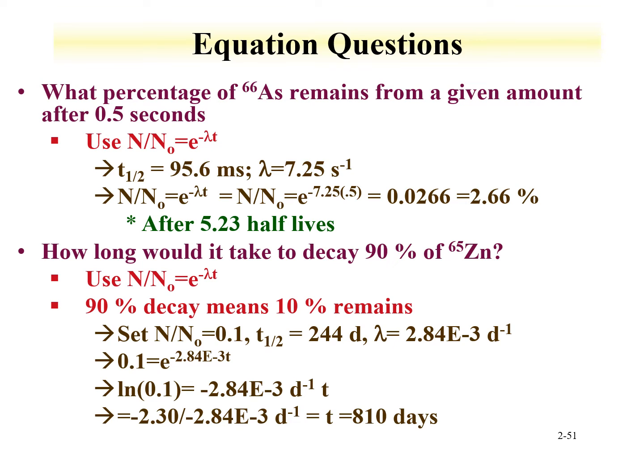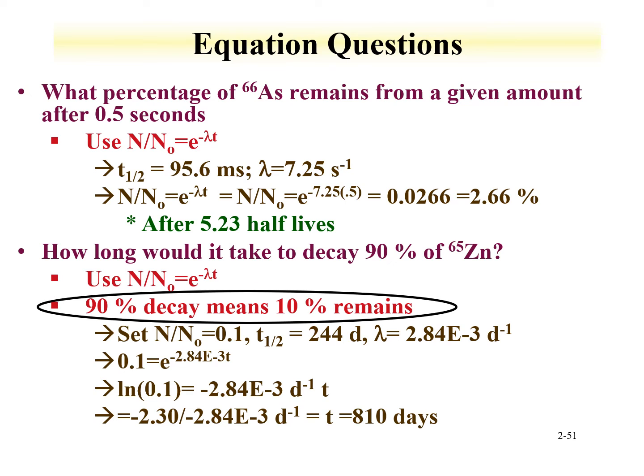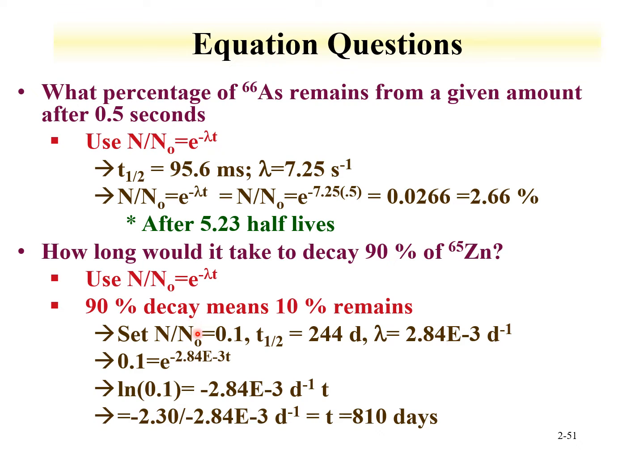As an example of that equation, how long would it take for 90% of a given isotope, in this case zinc-65, to decay? Let's use this equation again. However, we need to set it up so that if we're talking about 90% of it decaying, the amount that remains is 10%. So you take 100 minus the percentage that you're interested in, and that gives you this ratio value, which I show here.